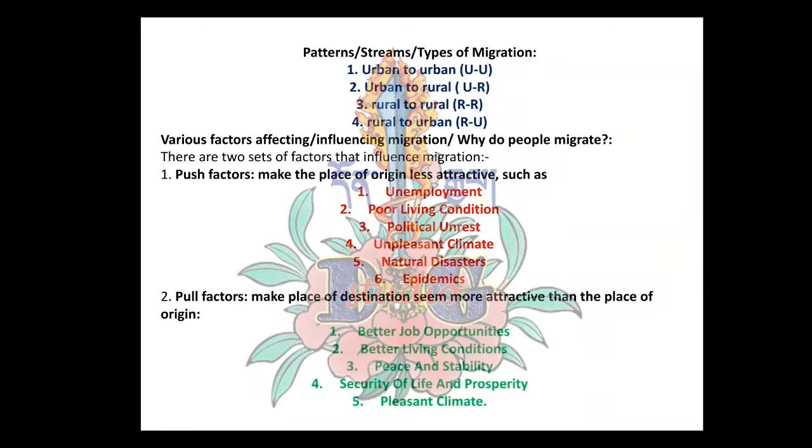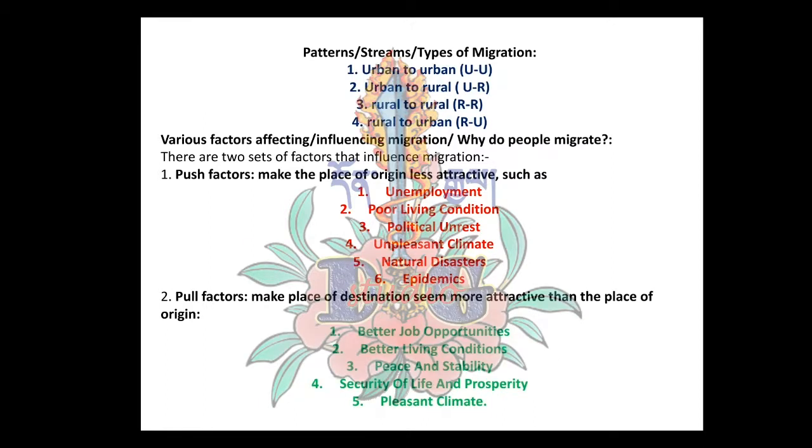Various factors influence migration. If in the exam they ask why people migrate, we have two sets of factors, that means push and pull factors. Push factor means the place of origin is less attractive. Why does the place of origin become less attractive?